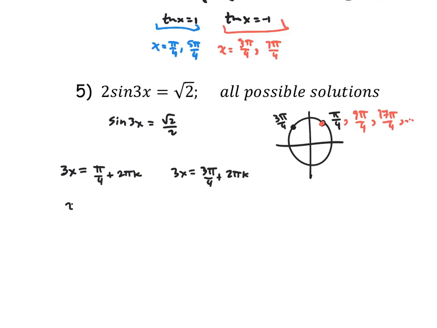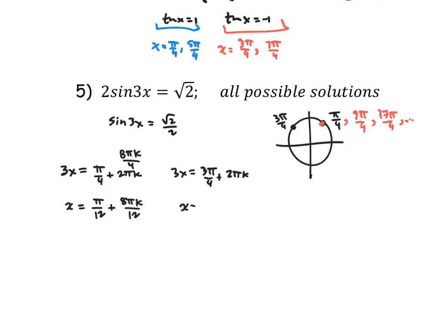All right, so x would have to equal pi over, this is crazy, 12 plus, I'm actually going to make this 8 pi k over 4 instead of 2 pi, which would mean that this would be 8 pi k over 12.